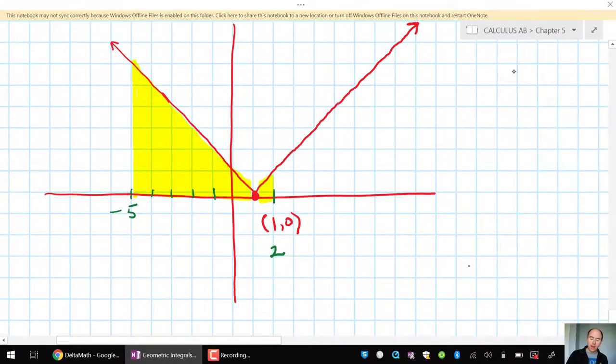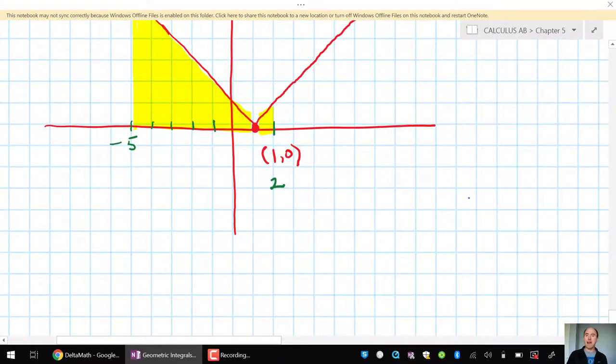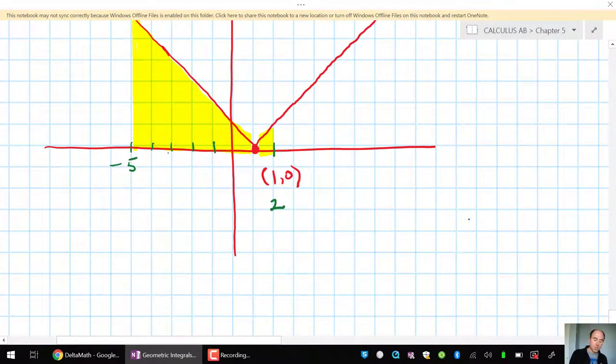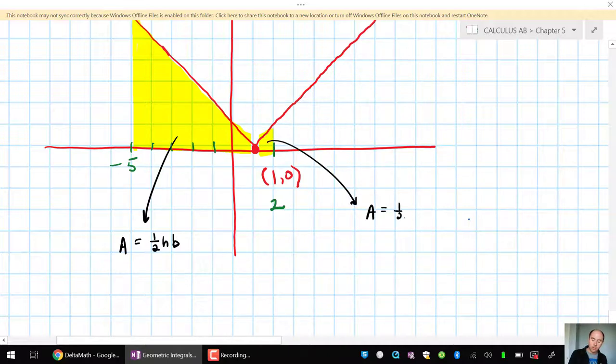So the area under the function curve from -5 to 2, notice it consists of 2 triangles. Triangle number 1, 1/2 height times base, and here's a little tiny triangle number 2, so area here is 1/2 times its height and base as well.